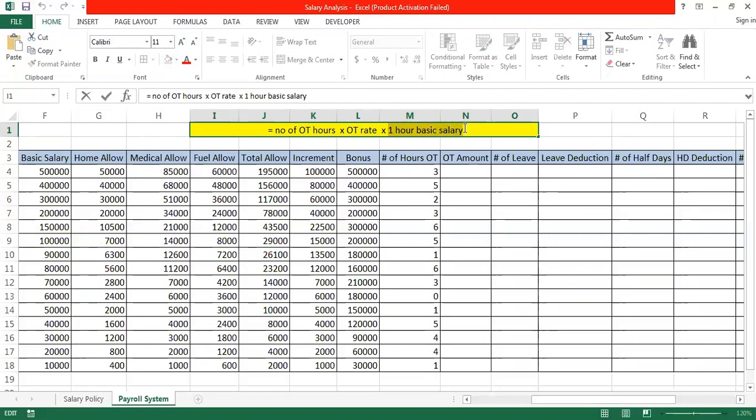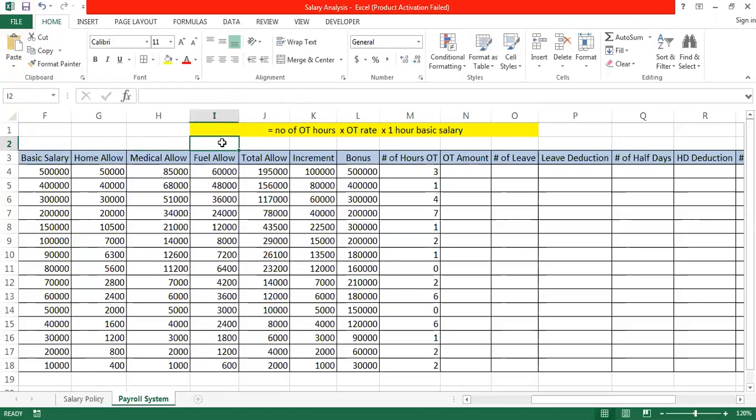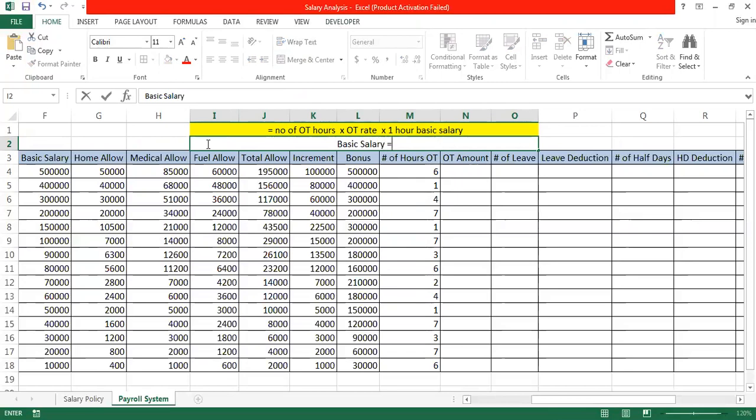It is not anything difficult. We have our basic salary, and that is actually for the 1 month basic salary we have.